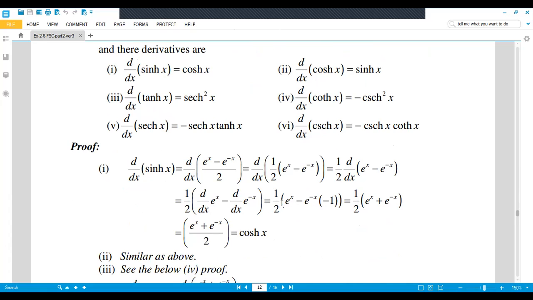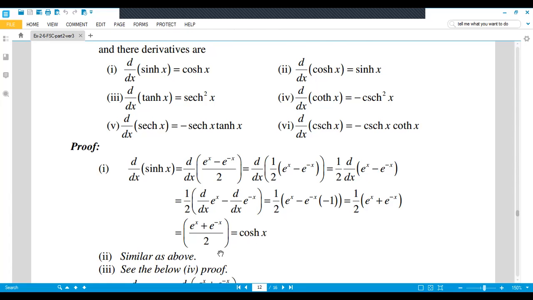Here the derivative of e power minus x is e power minus x, and further the derivative of the exponent minus x is minus 1. So this minus sign and this minus sign multiply, it will be plus. So we get e power x plus e power minus x over 2, which is equal to cos hyperbolic x. So we proved that the derivative of sine hyperbolic x is equal to cos hyperbolic x.